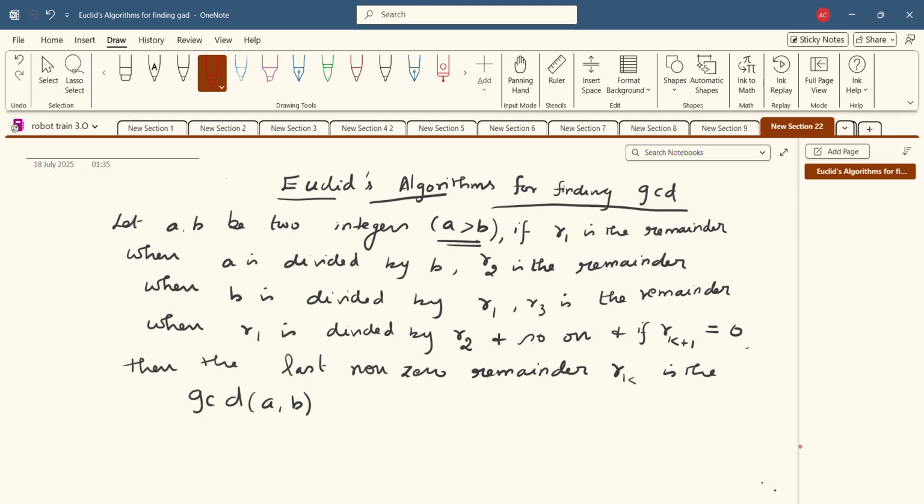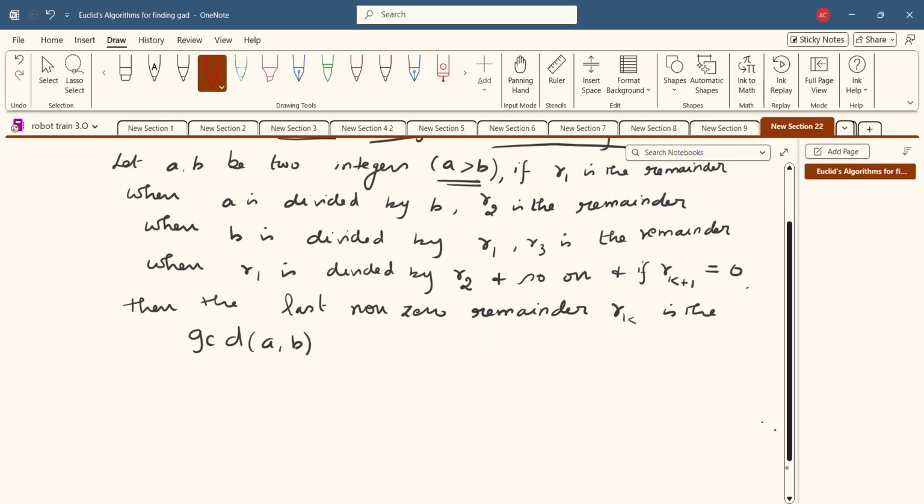of a, b. Okay, I will explain this concept by using a simple example, so that you can easily understand the statement of Euclid's algorithm. Now I am going to take two positive integers, 252 and 198.